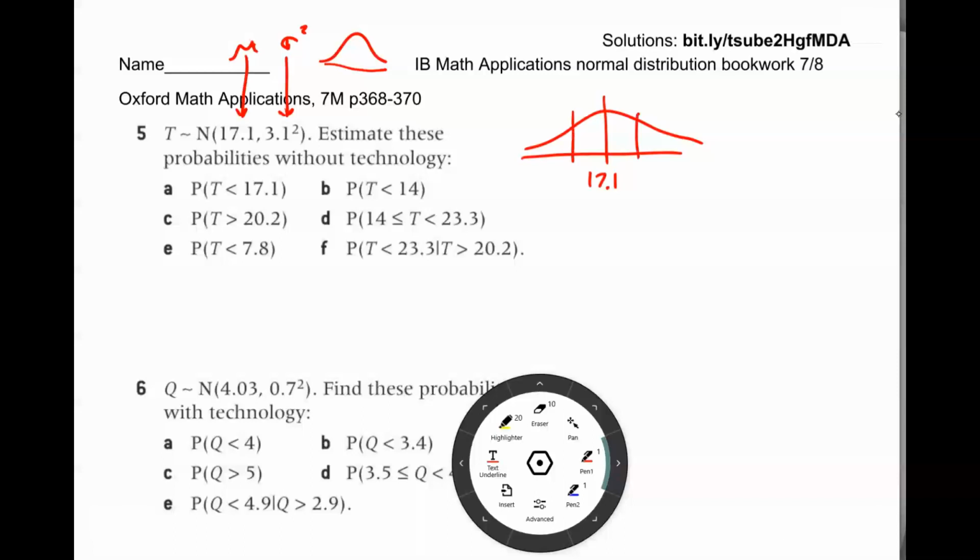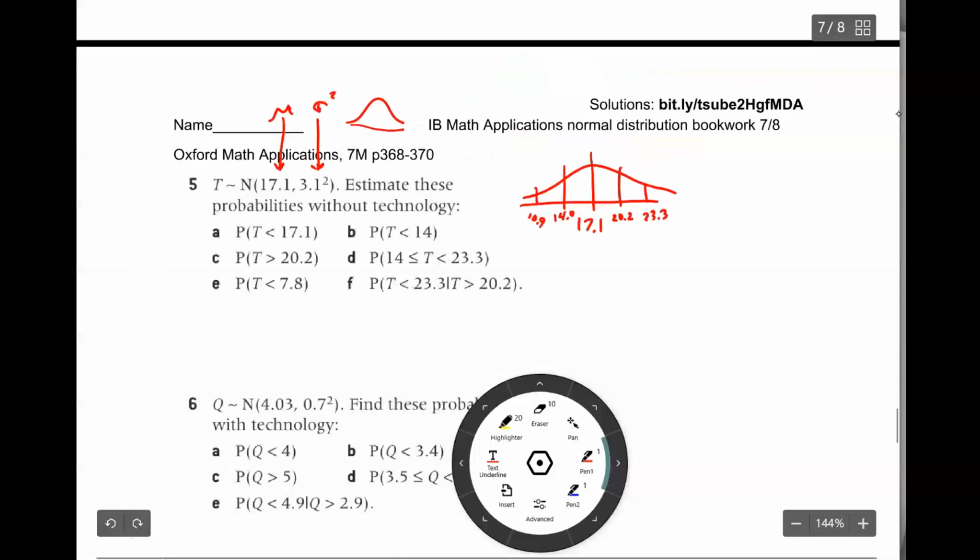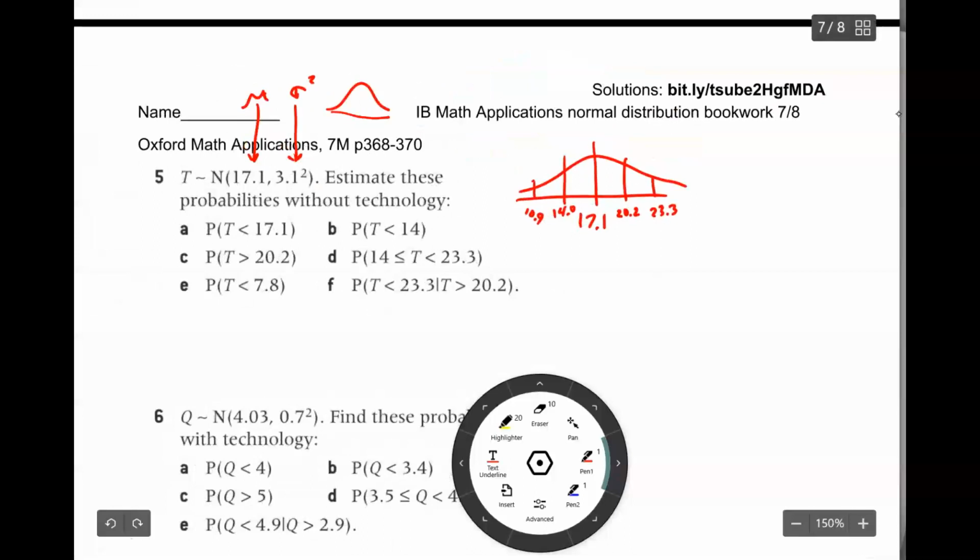So the next line is 20.2, and the next line would be 23.3. Then 17.1 minus 3.1 is 14.0, and the next one over would be 10.9.